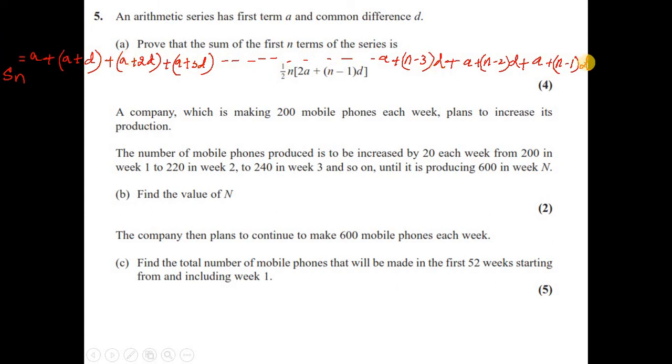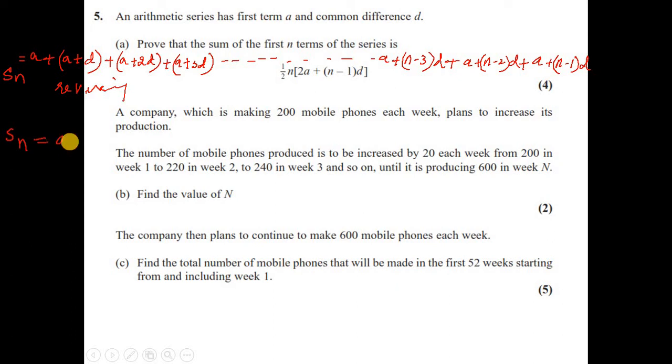So this is Sn. Now I am reversing all the terms. If you reverse, the left hand side remains Sn, I'm reversing only the right side. Reversing means I'm going to write the last term as the first term, just reversing on one side.